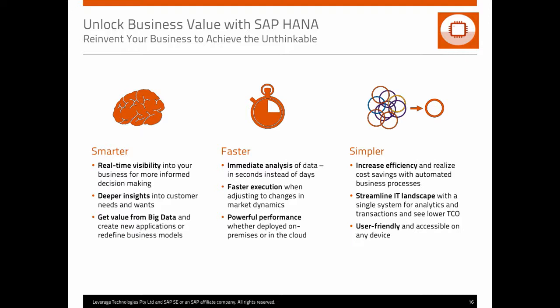You don't then have to have multiple systems, one for doing your data inquiries and reporting, another one for doing your transactions, what used to be called OLTP, or online transaction processing. Then you had another system for doing OLAP, online analytical processing. With SAP HANA, that's all combined into one system. So that drives down the total cost of ownership. And of course, it's user-friendly and accessible on any device.